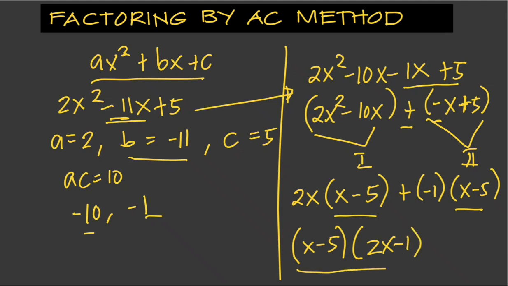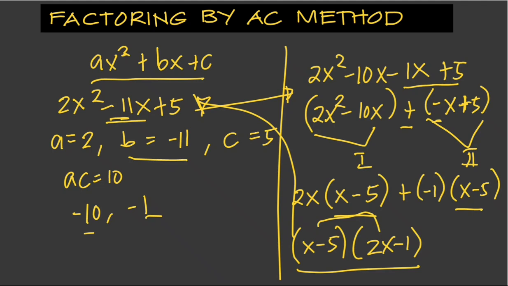So these are our factors for the original expression, 2x squared minus 11x plus 5. We can always check our answer by multiplying these two factors using the FOIL method.